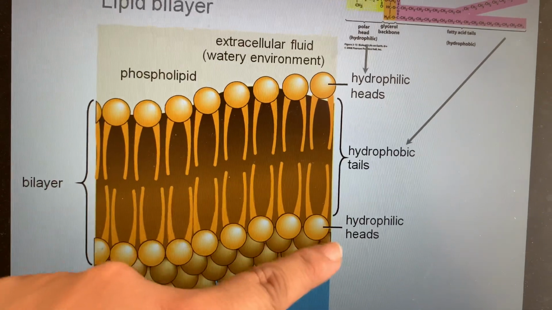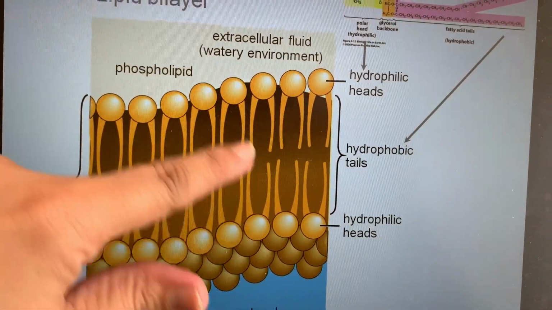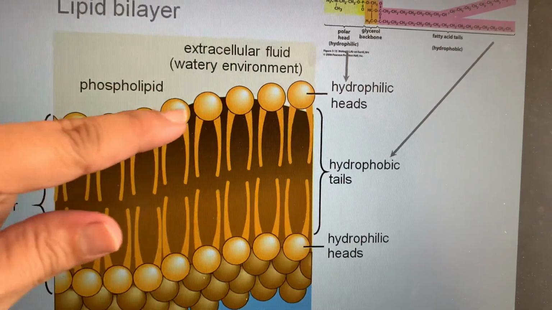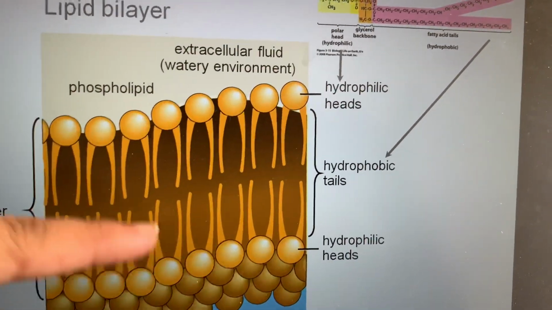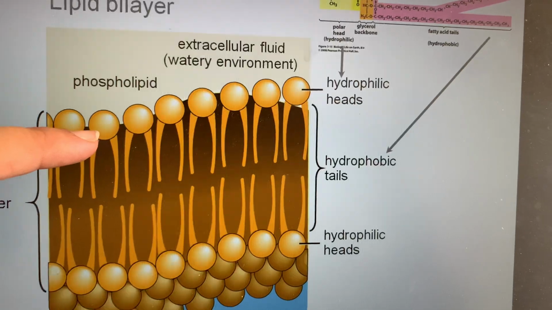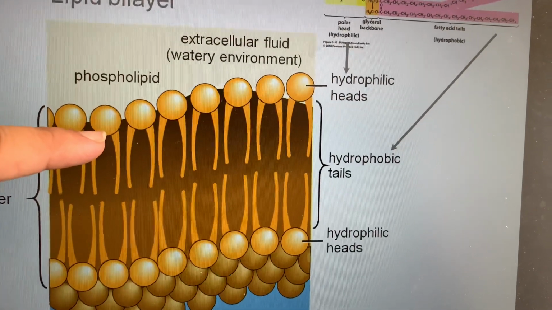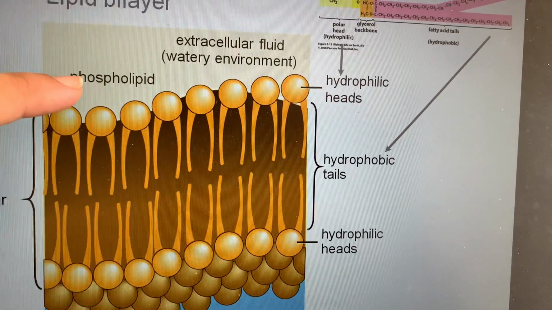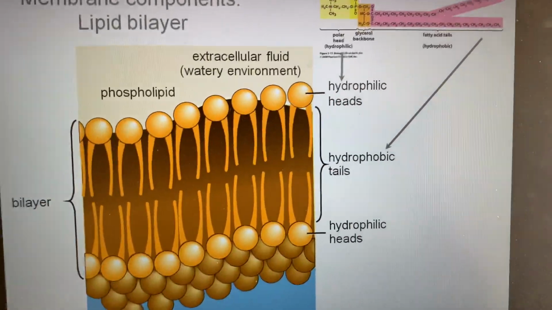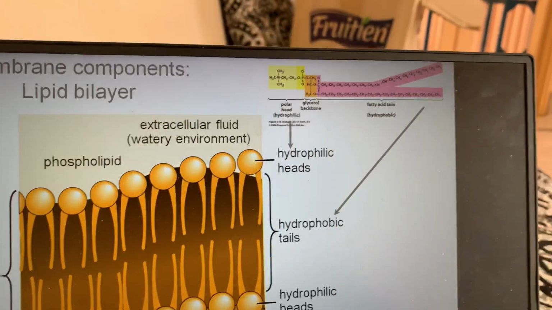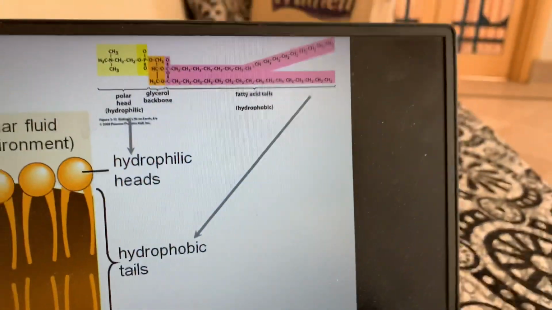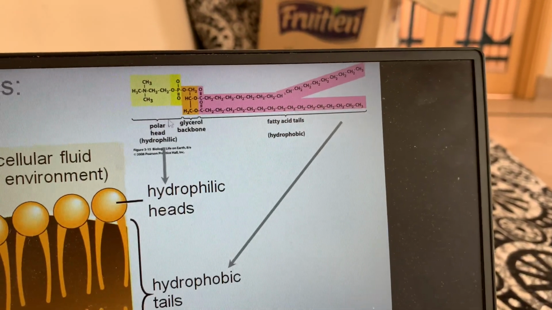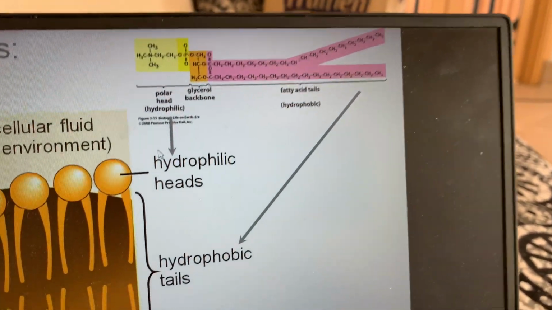Hydrophilic ends here, hydrophobic tails here, and the watery extracellular fluid is in touch with the hydrophilic end, which is the glycerol part of the lipids. The hydrophobic tail is the pink part, and hydrophilic heads come from this part. You can see it clearly.